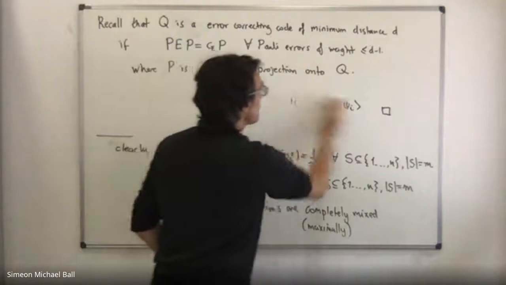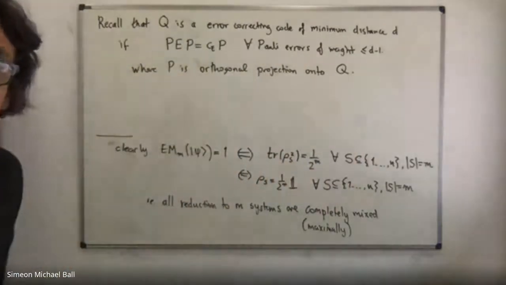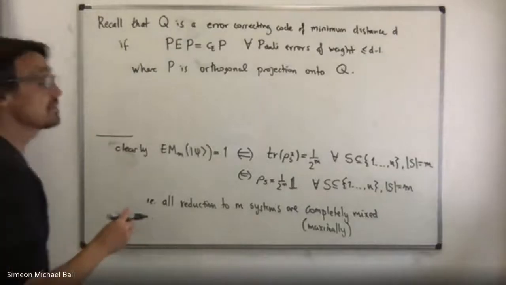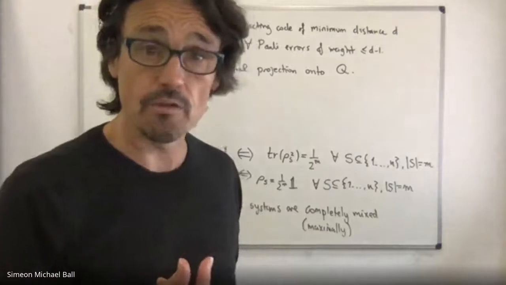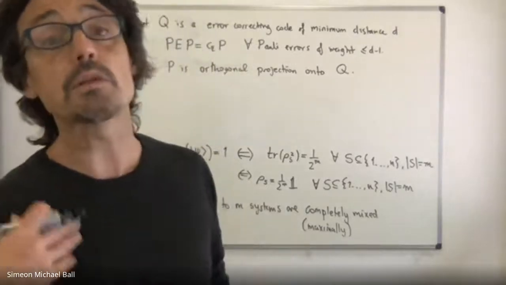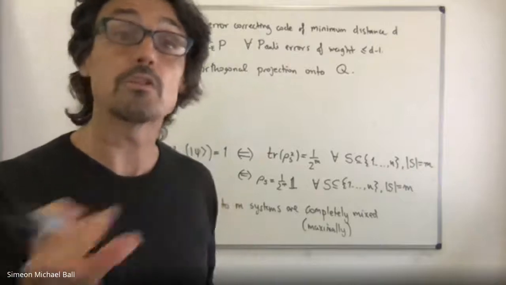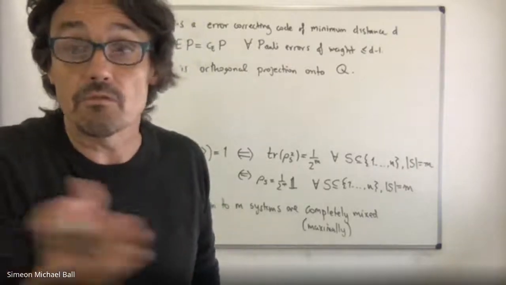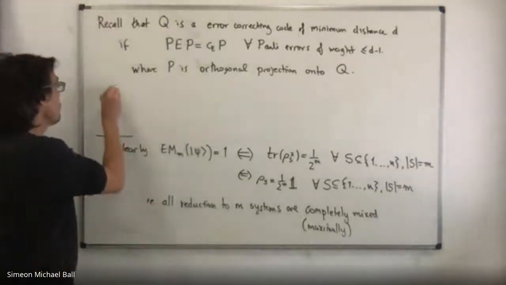Now, at some point, we considered the case where the dimension of Q was simply 1, so we couldn't actually encode any logical information onto our code, but we still argued in the case of stabilizer codes that they were useful because then we could take subgroups. But in general, it doesn't have to be a stabilizer code, you can have the dimension of Q equal 1.